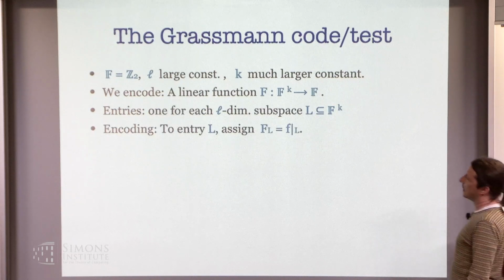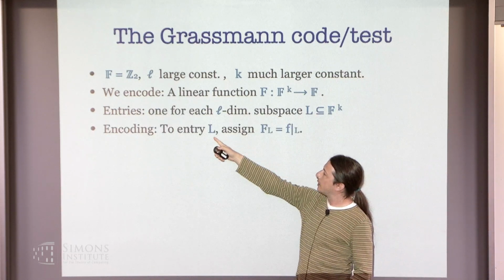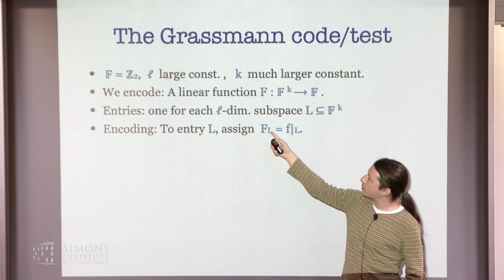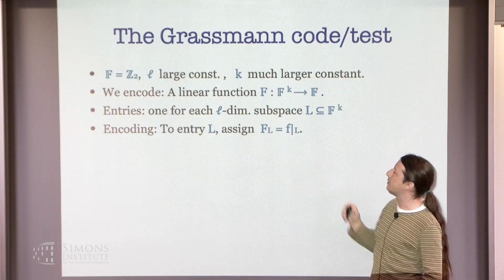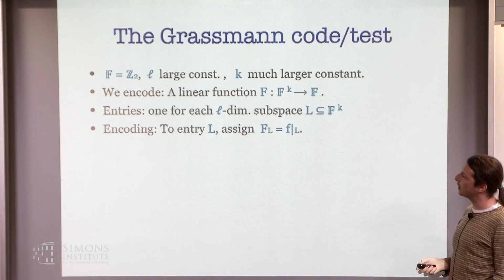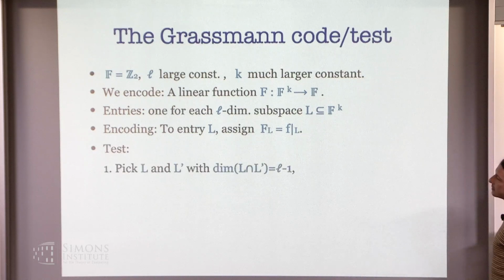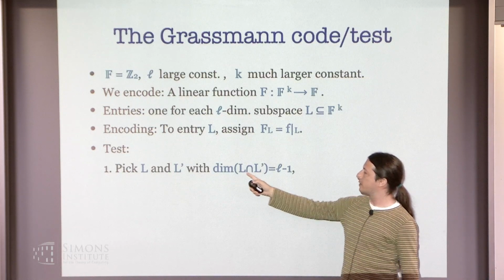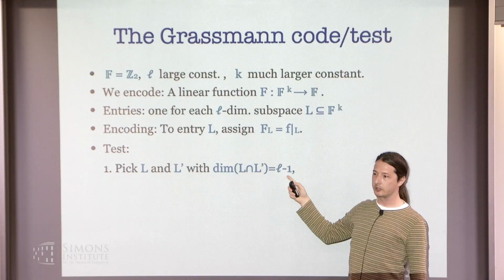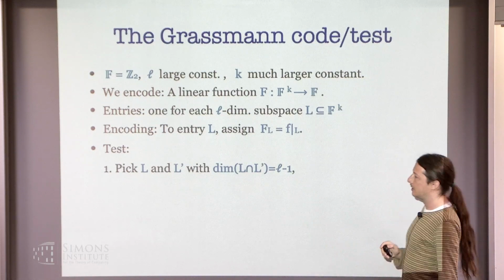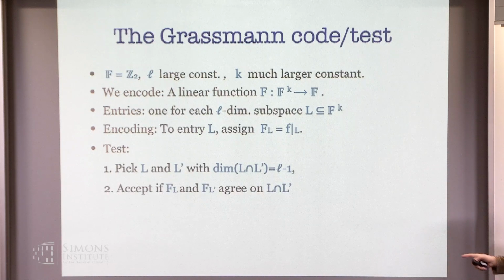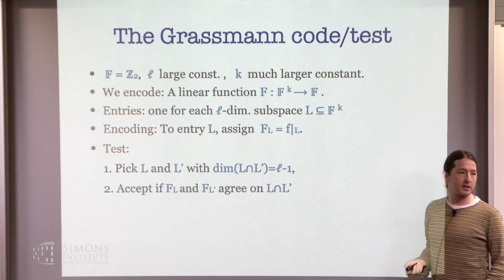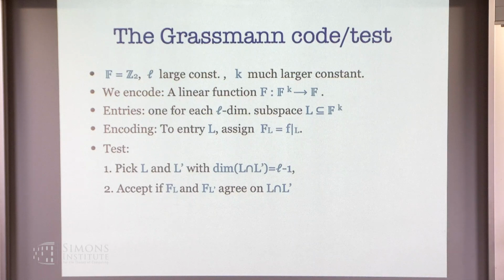To encode a function f, to each subspace L you assign the restriction of f to L. And the test is you pick two subspaces that intersect in the largest dimension possible, and you accept if they agree on the intersection. So that's the agreement test that we need to get 2 to 2.